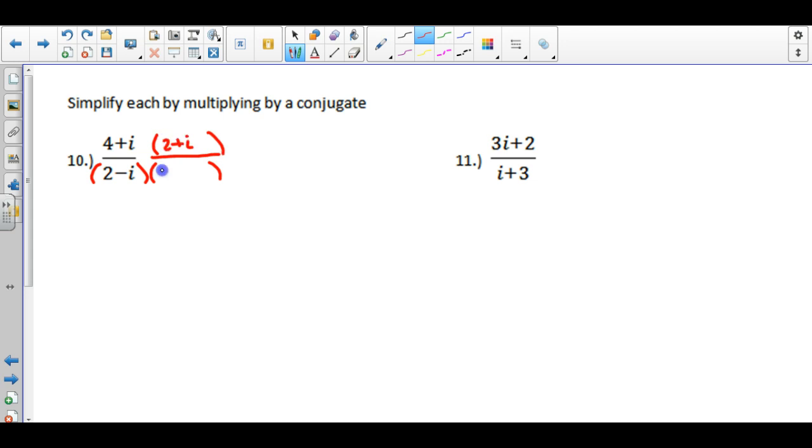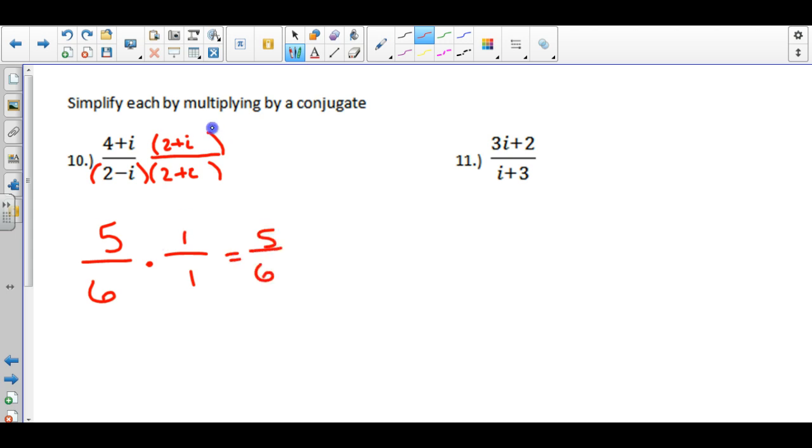The reason we do this is because whenever you take a fraction like 5 over 6 and multiply it by something over itself, like 1 over 1, it still comes out to the same value.